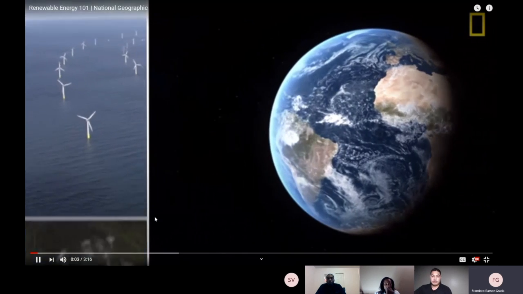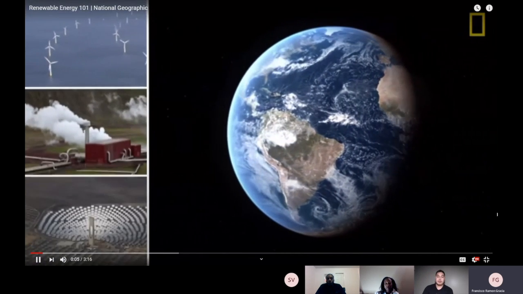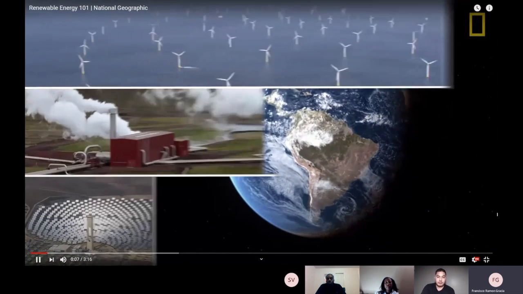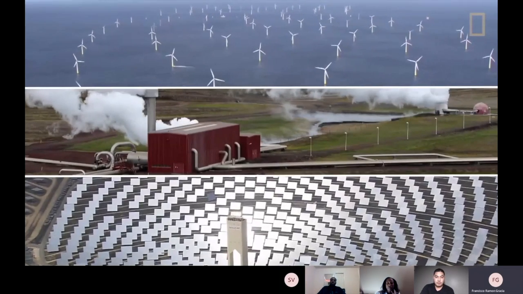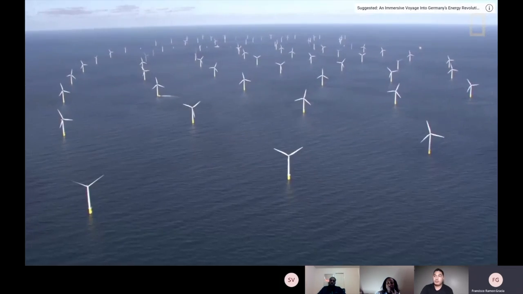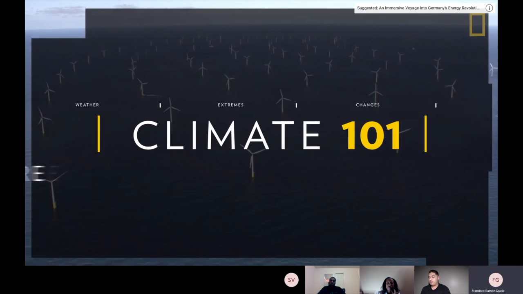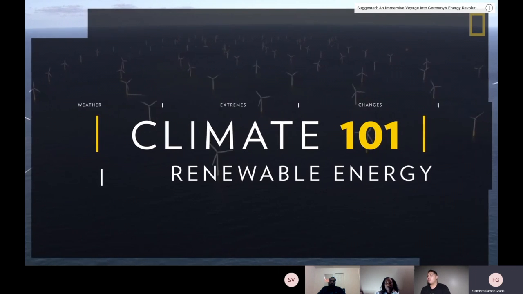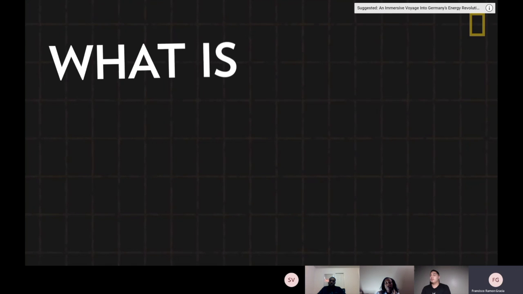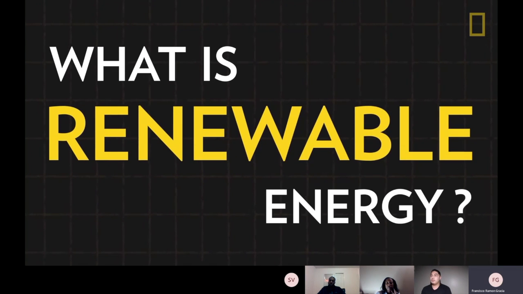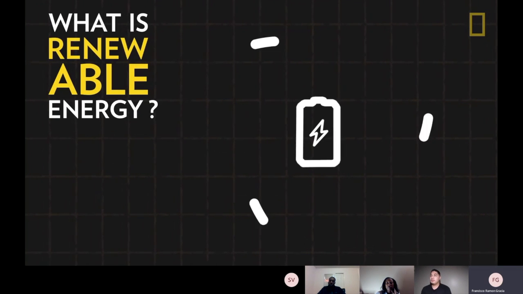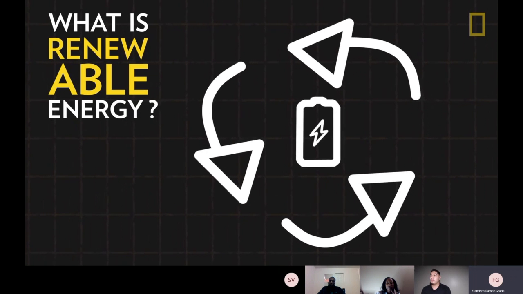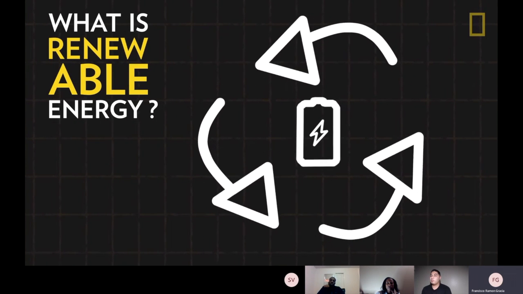Around the world, renewable energy use is on the rise. And these alternative energy sources could hold the key to combating climate change. What is renewable energy? Renewable energy is generated from sources that naturally replenish themselves and never run out.